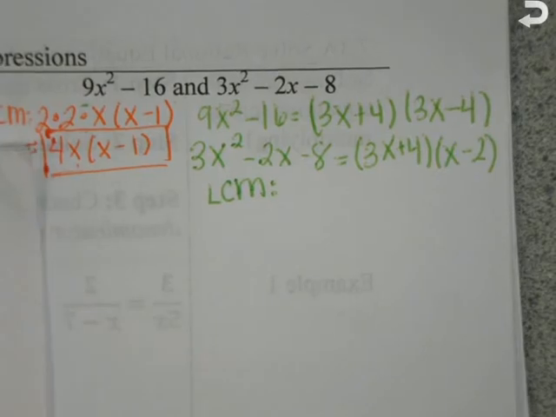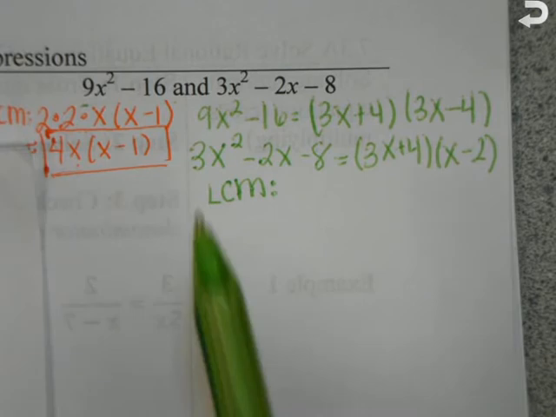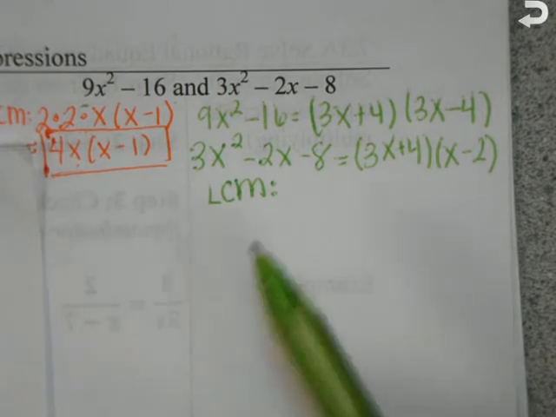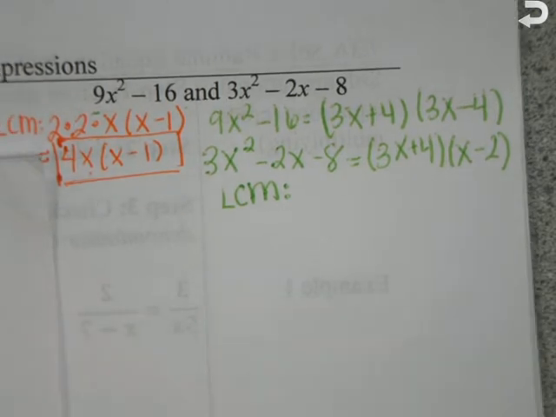Okay. So now we need to find the LCM. What is the multiple of both of these that they have in common? So remember, a multiple is something that the terms multiply into. A factor is something that they break down into. So a multiple is the opposite of a factor. So the first thing we're looking for is what they have in common.